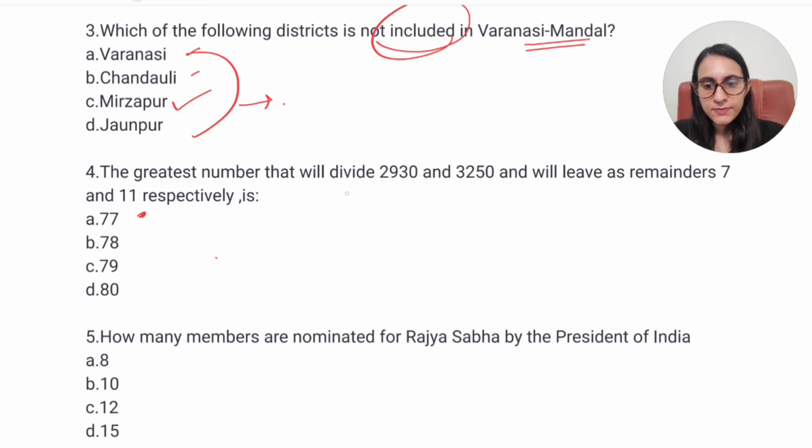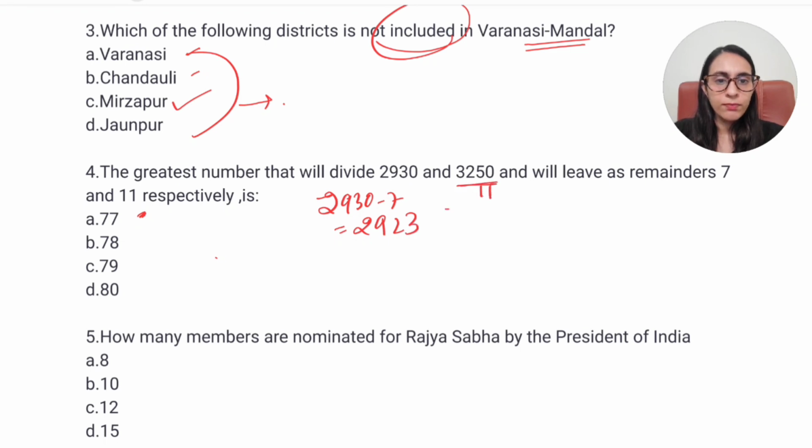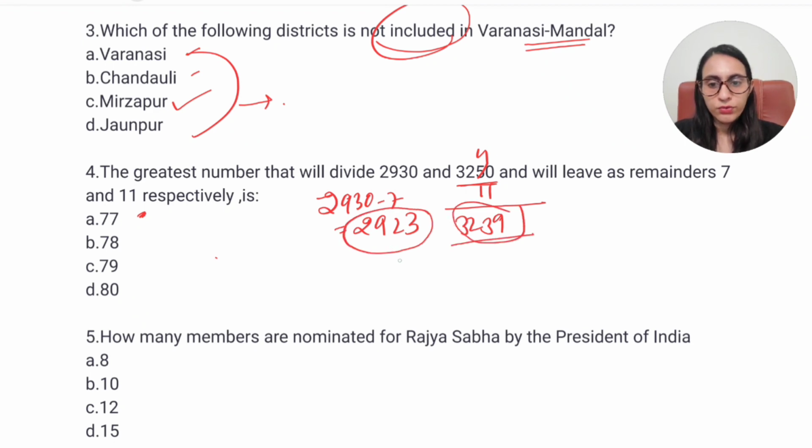So if you subtract 7 from 2930, 2930 minus 7 becomes 2923. And if you subtract 11 from 3250, it becomes 3239. So 3239 and 2923 are the two numbers that you get.